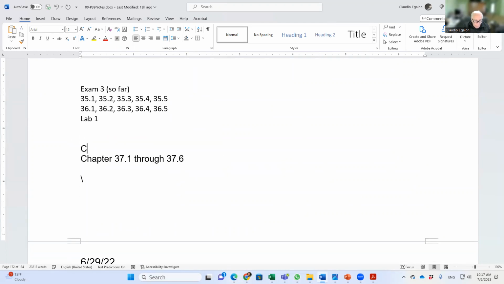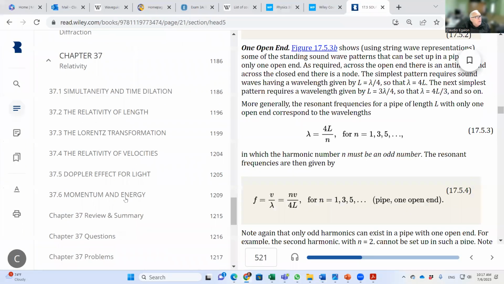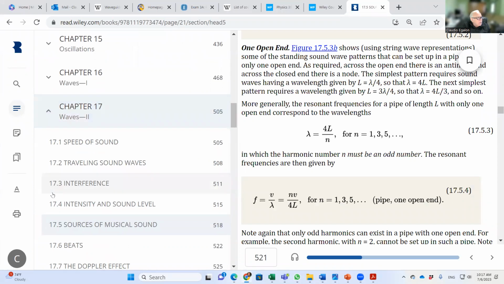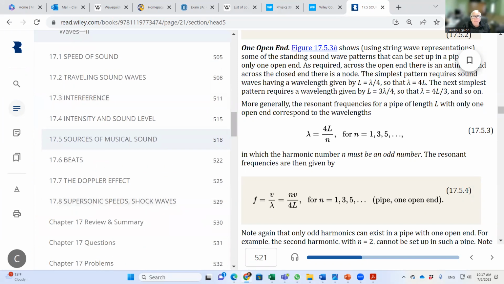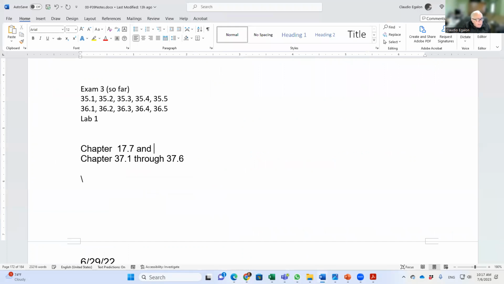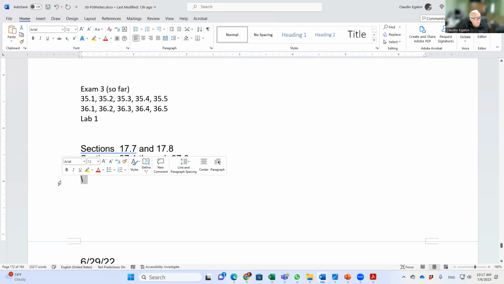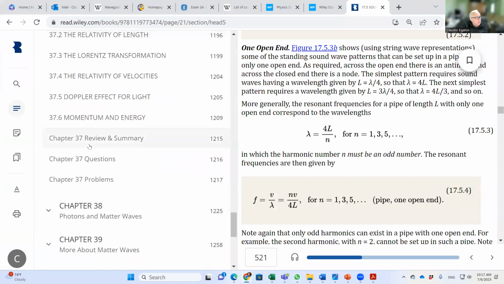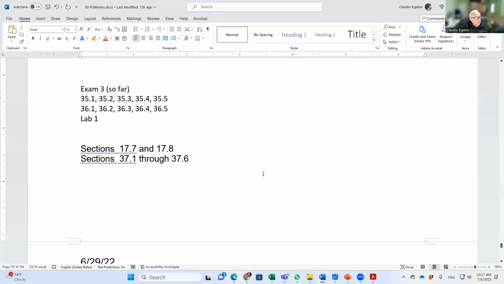Don't forget, we went back to chapter 17 to cover 17.6, the Doppler effect, and 17.7 and 17.8, so you can have a connection between sections, sections 2 all the way down to 6.